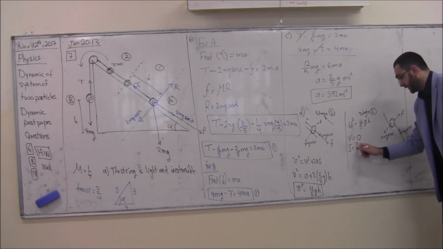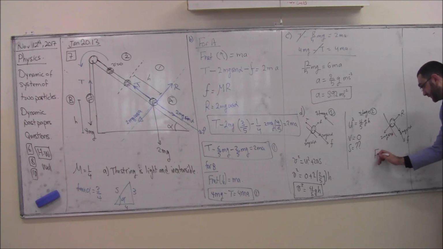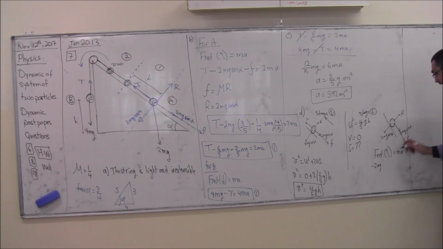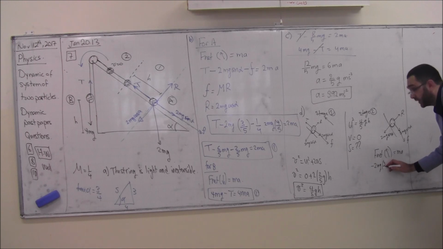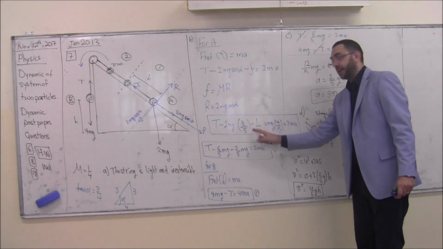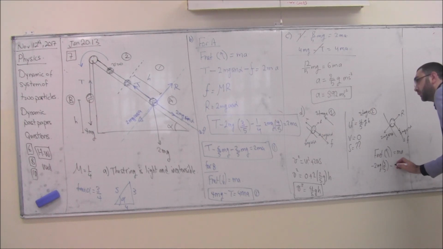So, in terms of H, what do I have to find? The new acceleration. F net up the plane equals MA minus 2mg sine alpha, which is why we said sine alpha is 3 over 5, right? The reflection will not change, so the friction will be 2 over 5 mg.